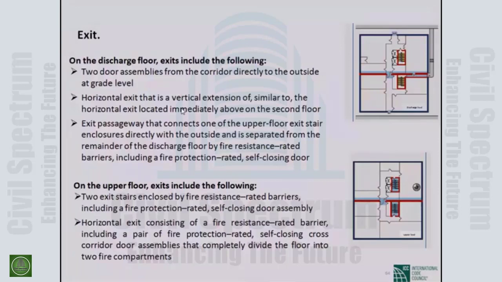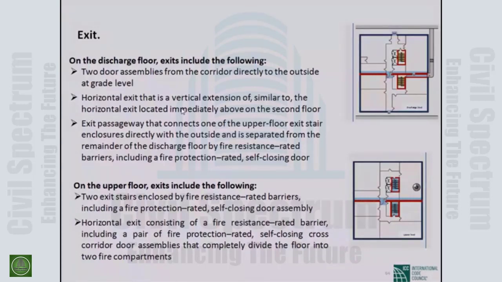So you can see in the blue line, 2 door assemblies from the corridor directly to the outside at the grade level. Horizontal exit, that is a vertical extension of or similar to the horizontal exit located immediately above on the second floor. So horizontal exit from top to bottom, upper floor to lower floor.